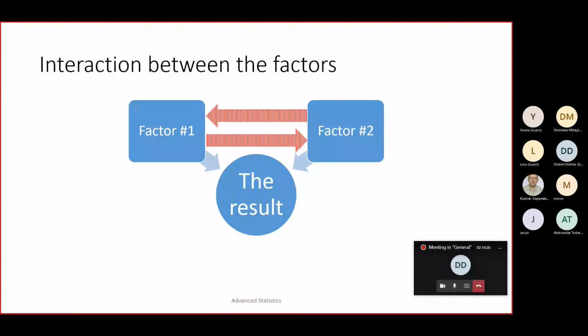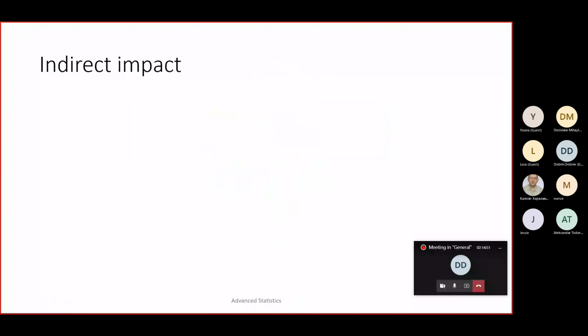Because if there is interaction between factors, this could cause misleading results. This could cause a wrong conclusion. And I will give here two examples.